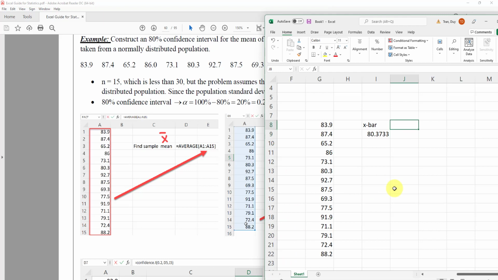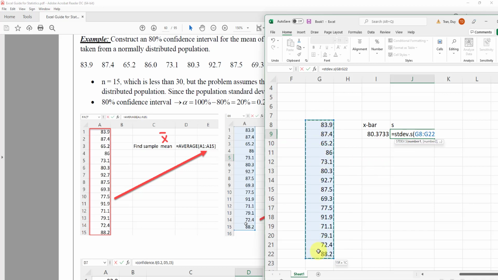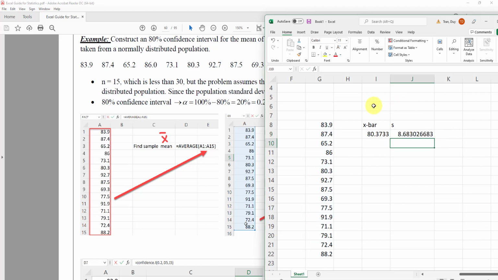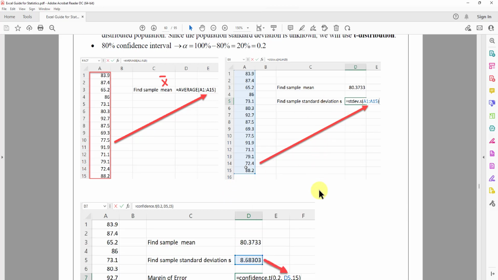So let me put s for the sample standard deviation. For that I use the function stdev.s, and then I drag everything inside the list and hit enter. So this is my x bar, and this is my s that I need in the formula.